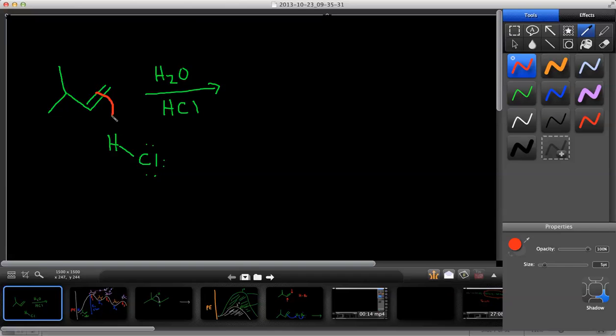Pi bonds abstract the hydrogen. Hydrogen-chlorine bond breaks. I have generated Cl-. This will become important in the last step of the mechanism.